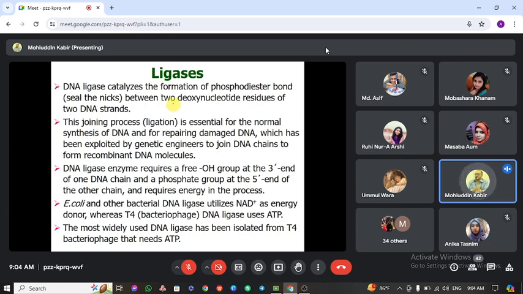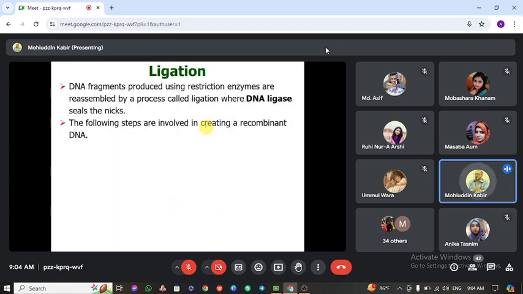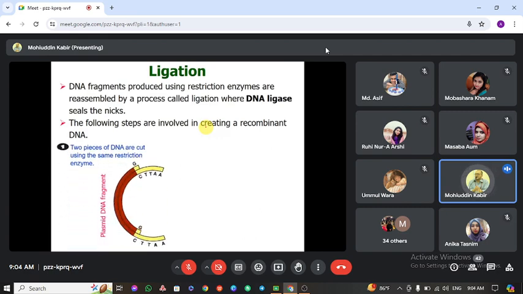Okay, now ligase enzyme. Before going to the ligase enzyme, let me show you why we need ligase enzyme.